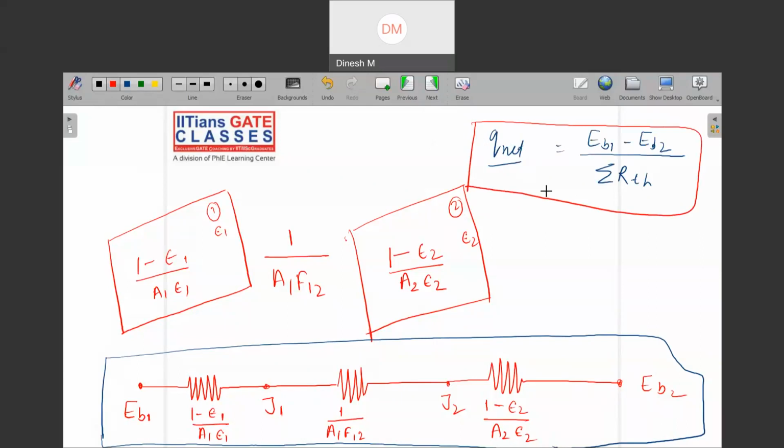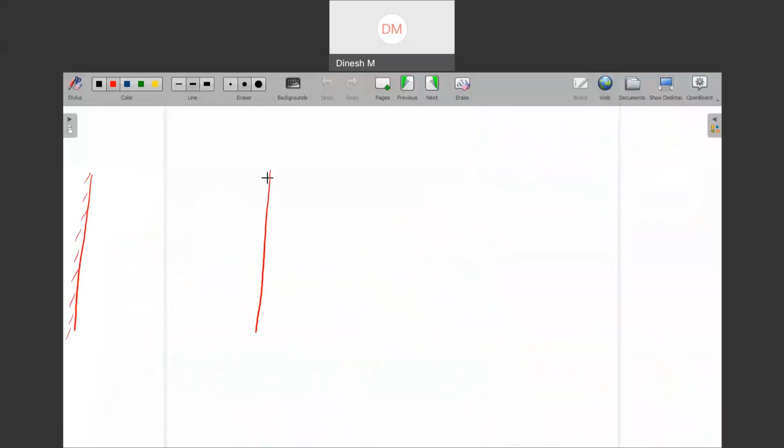Now let us quickly apply this to a few cases. Let us say there are two infinite parallel surfaces exchanging energy with each other, this is surface 1 and this is surface 2. If you draw the thermal circuit, it would look like this.